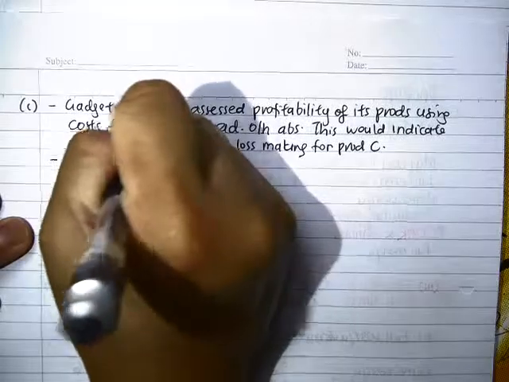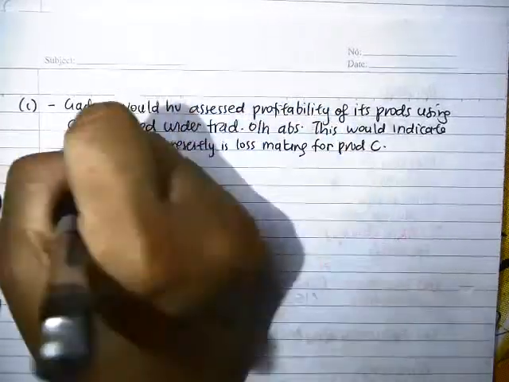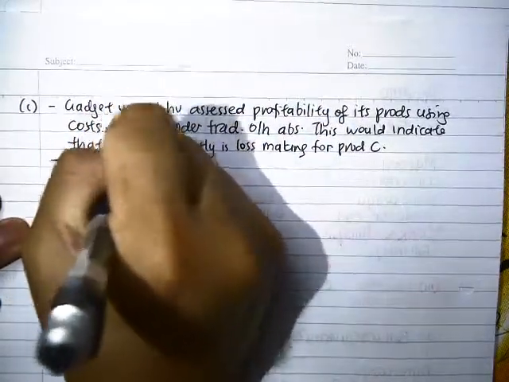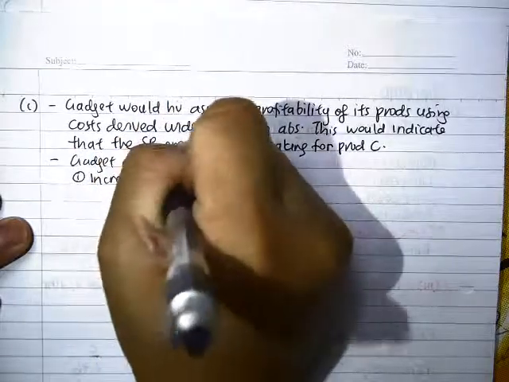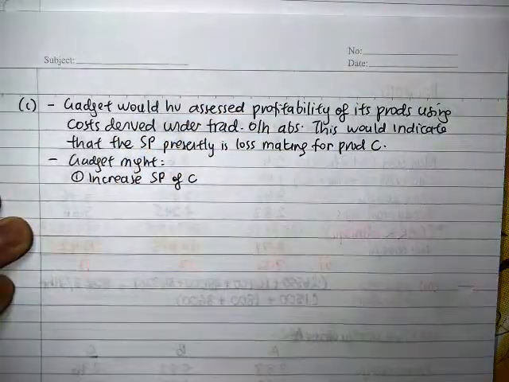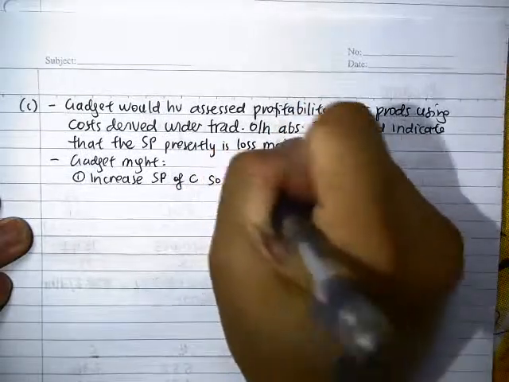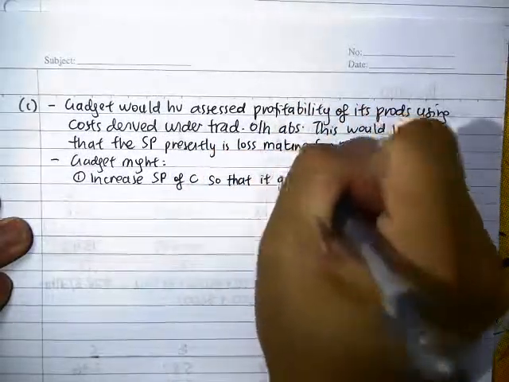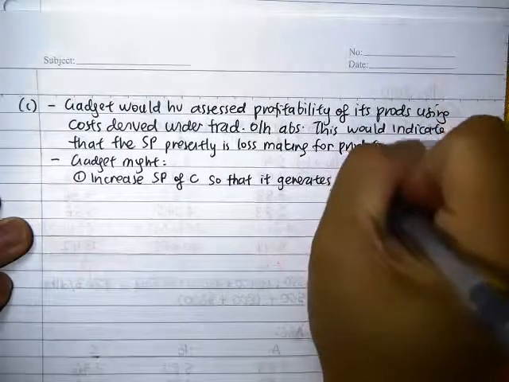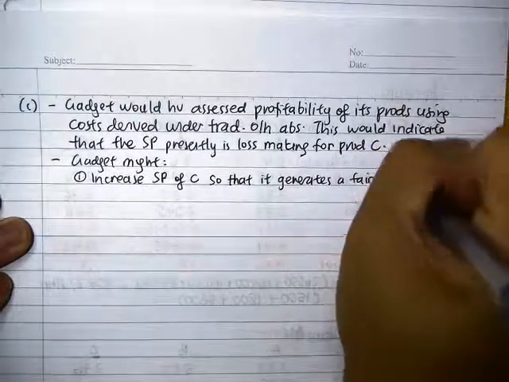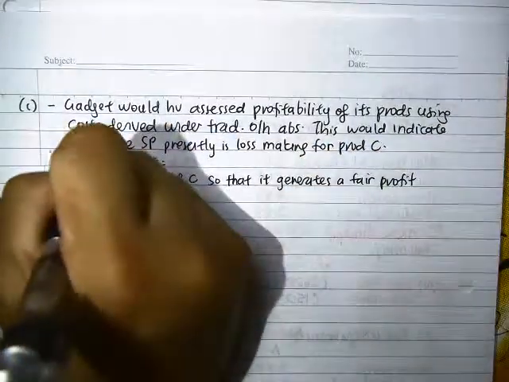And Gadget might increase selling price of C so that it generates a fair profit.